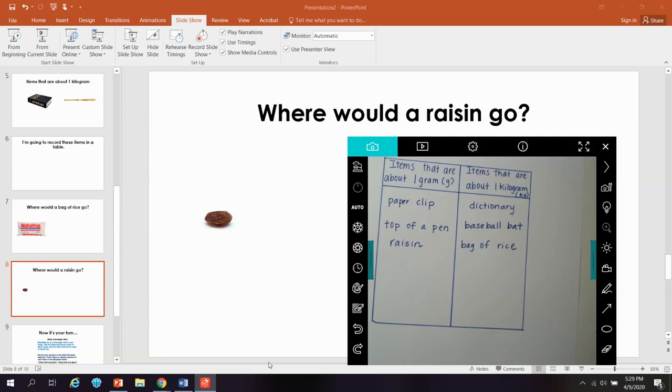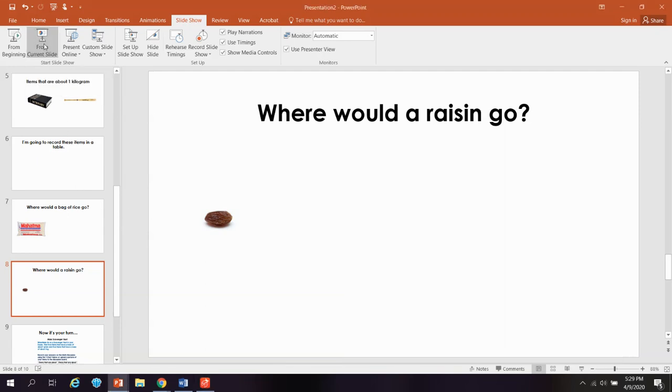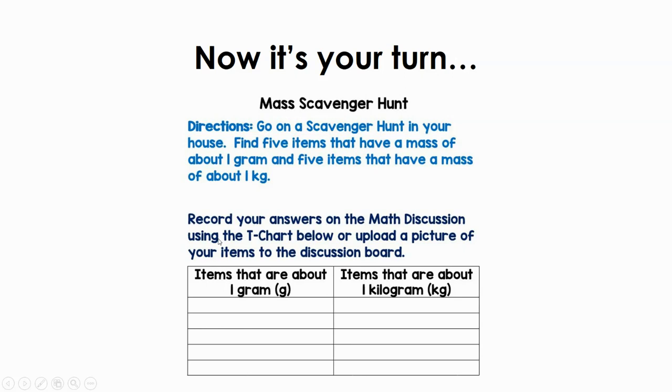So now, oh, boys and girls, you are going to love this part. So now what you're going to do is you are going to get to go on a mass scavenger hunt. Okay, this is going to be one of your assignments today. So the directions say you're going to go on a scavenger hunt in your house.